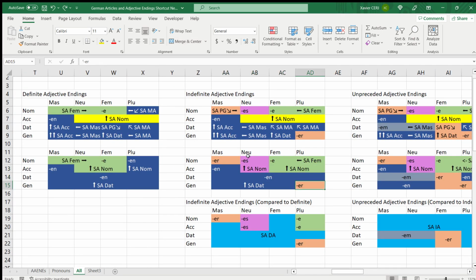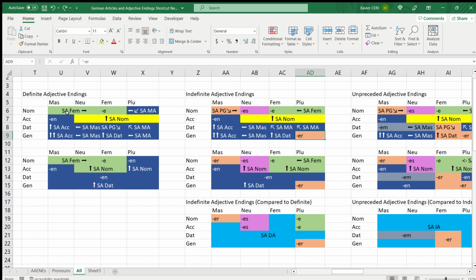And we finally have ER. So the masculine nominative is the same as the plural genitive ER. So it'd be, oh man, what is an example of that? Ein netter Mann? Yeah, that's a good example, I think.